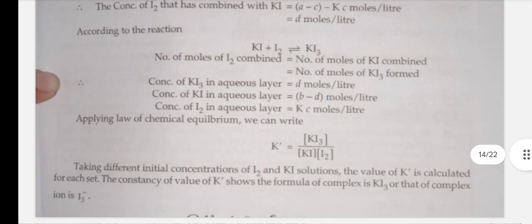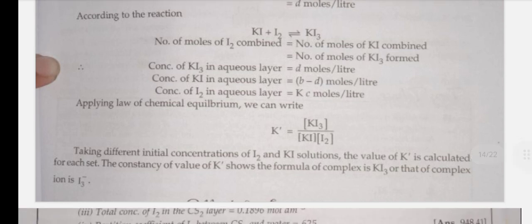According to the reaction, KI plus I2 gives KI3. The number of moles of I2 combined is equal to the number of moles of KI3 formed. Concentration of KI3 in the aqueous layer is D moles per liter. Concentration of KI in the aqueous layer is B minus D moles per liter.